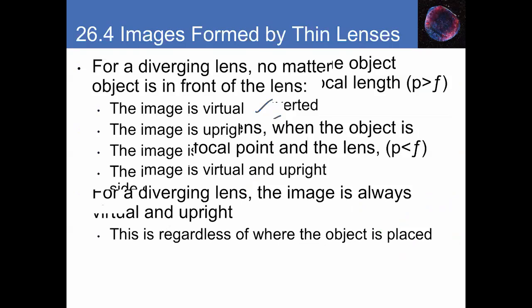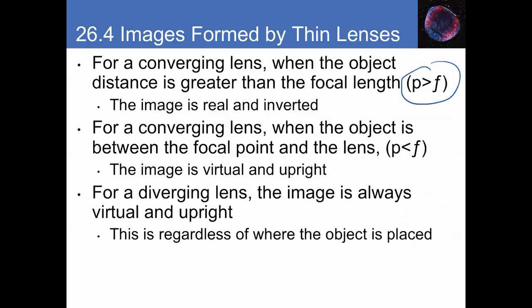All right, so for a converging lens, when the object distance is greater than the focal length, that was the first case, the image is real and inverted. For the converging lens, when the object is between the focal point and lens, which is P less than F, the image is virtual and upright, and also bigger, right?